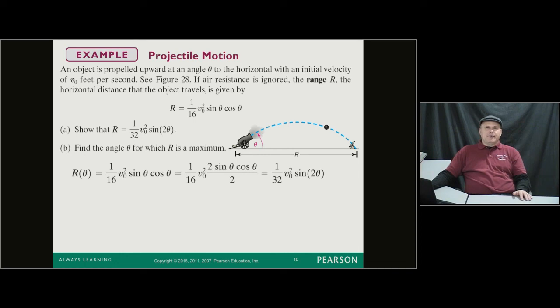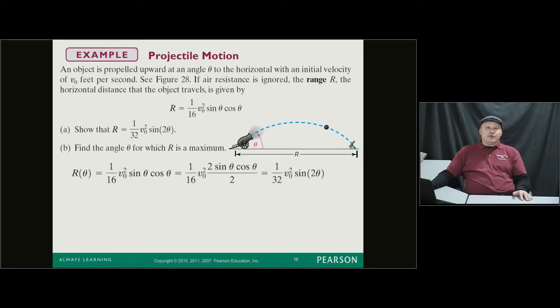Because 2 times the sine of theta times the cosine of theta is my double angle formula for sine. So I take the 2 sine of theta cosine of theta and change it to sine of 2 theta, and then bring the 2 that's down on the bottom out with the 1/16, and you'll have 1/2 times 1/16, which is 1/32.